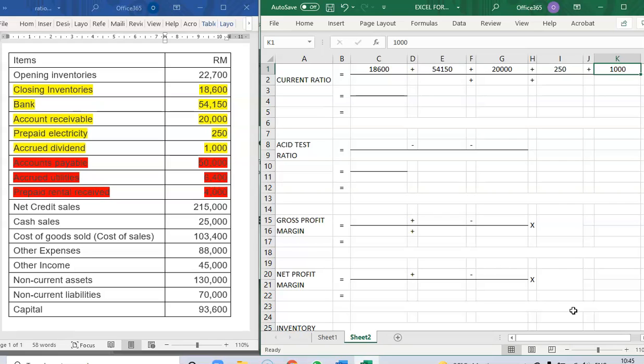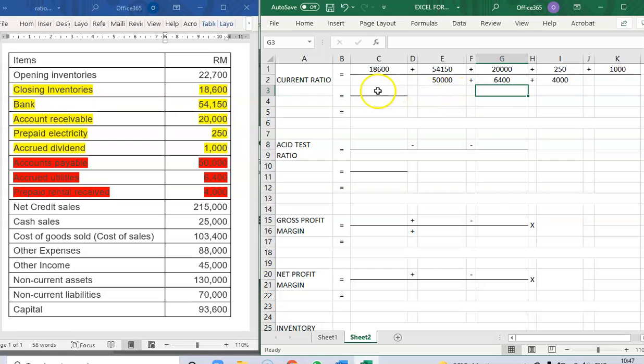So you need to show the individual amounts of the current asset and also of the current liability. For example, account payable is 50,000, and we also put in the accrued utilities 6,400 and the prepaid rental receipt 4,000.